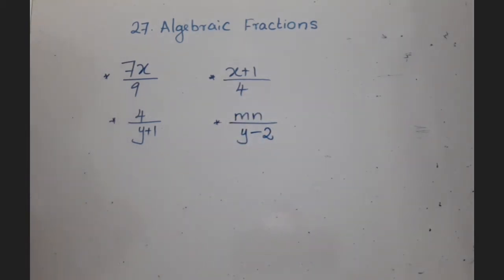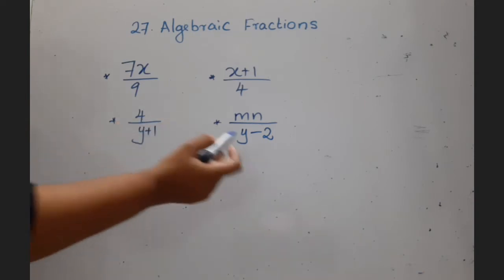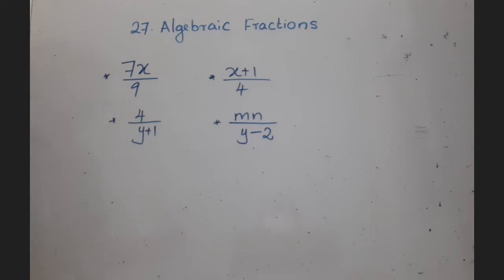Here both the denominator and numerator have algebraic symbols. Here it is an expression, here the algebraic symbols. So all these are known as algebraic fractions. Next we are going to learn how to add and subtract different kinds of algebraic fractions.